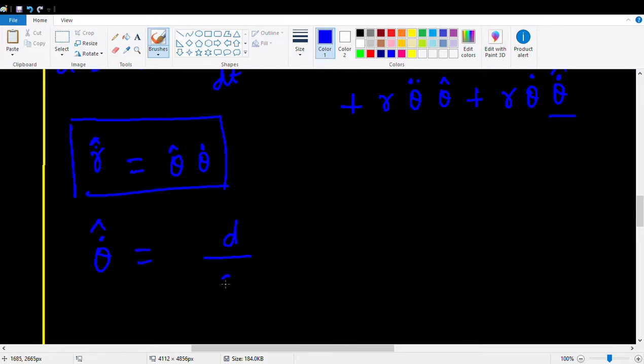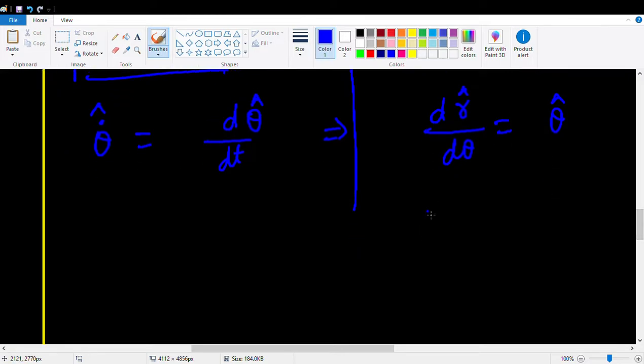I can write this as d by dt of theta hat. What is my theta hat? This is nothing but dr hat by d theta, which gives me theta hat. Now I have to take the time derivative of this, so it will become this term.